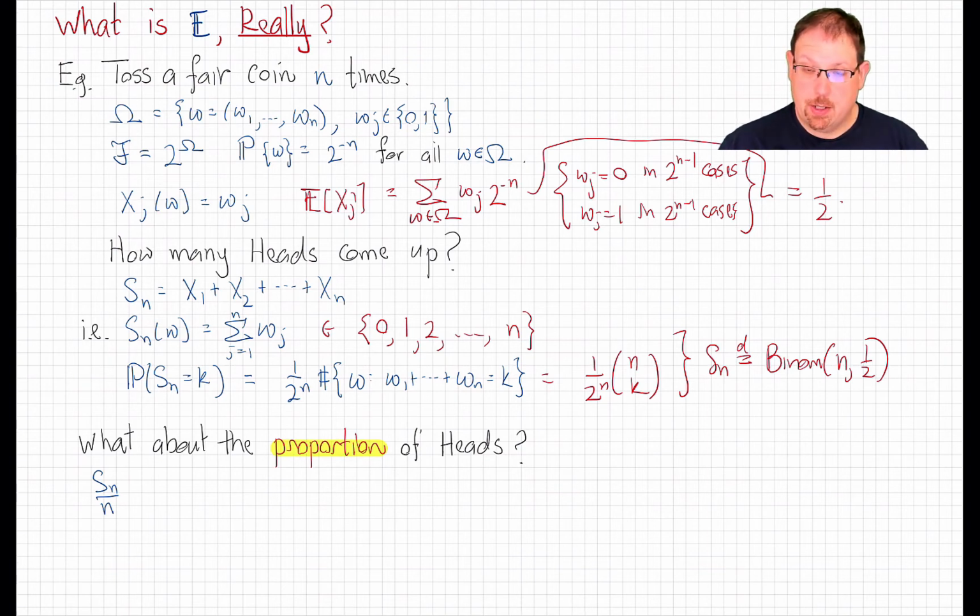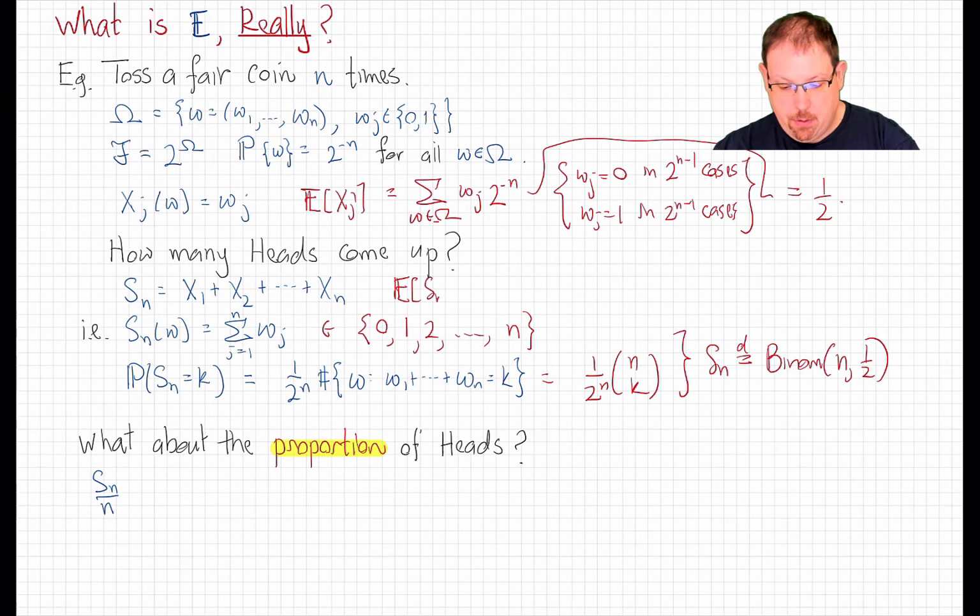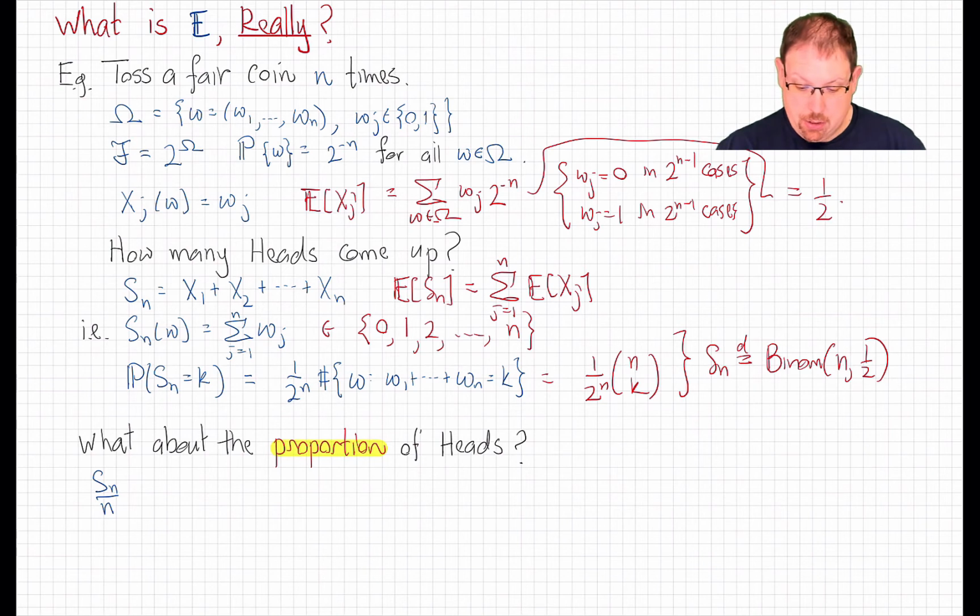We could compute it combinatorially from this distribution of values, but it's better to note that Sn is a sum, and therefore the expected value of Sn is the sum of the expected values of the xj's. Now, each of those xj's has expectation equal to 1/2, and so Sn has expected value n over 2.